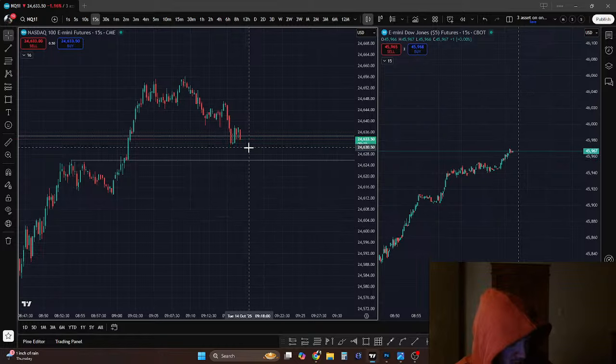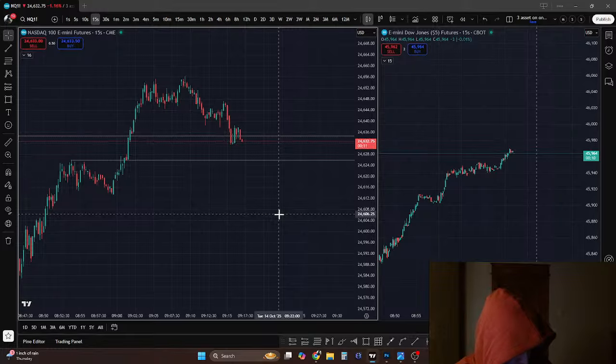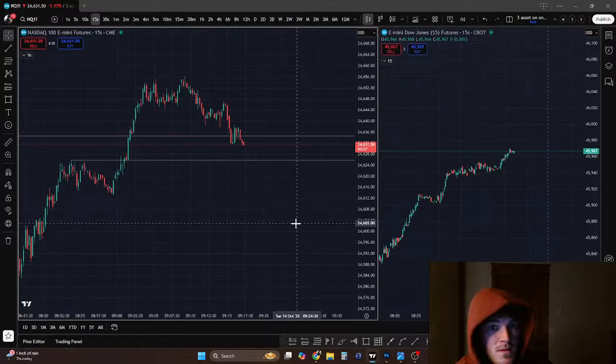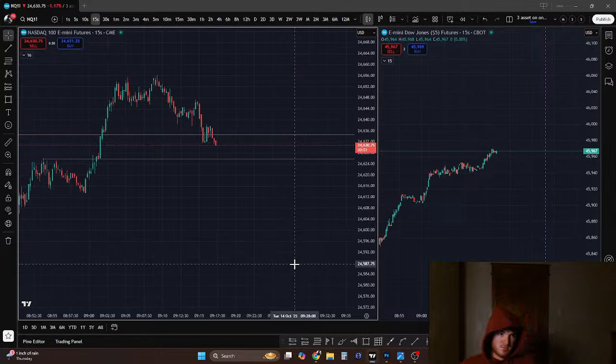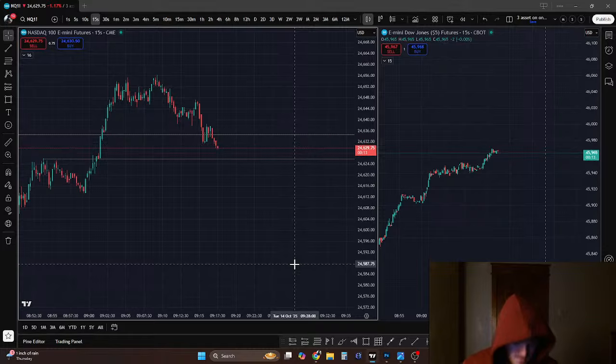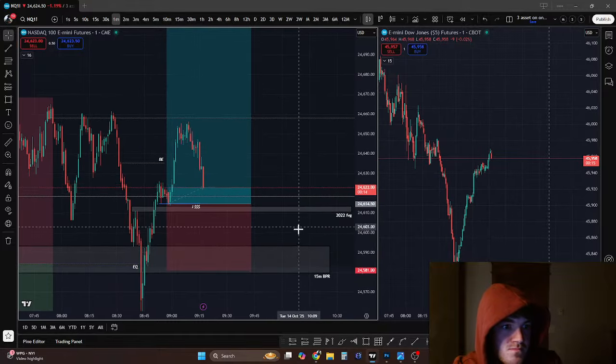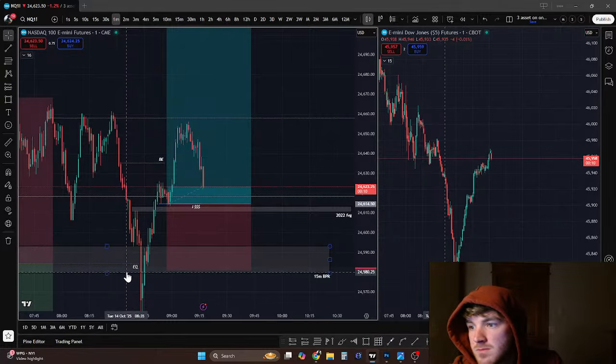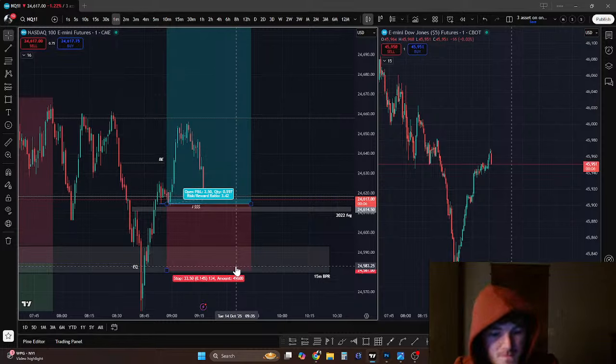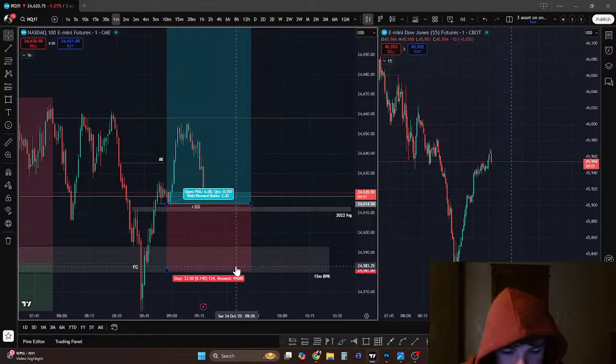Half risk when we induce this low. Order filled. I got break evened.